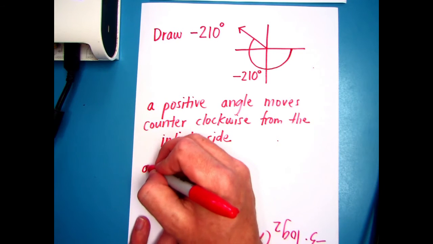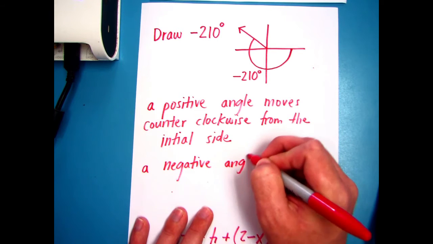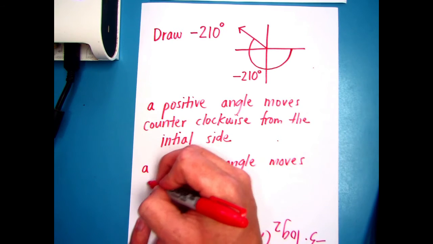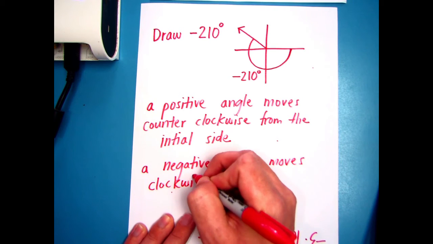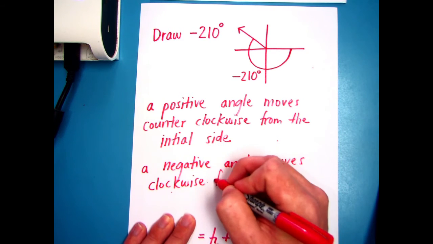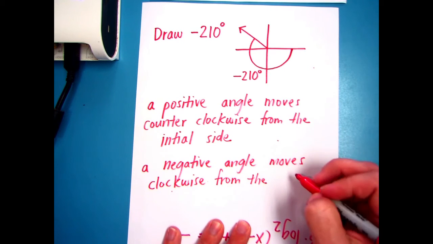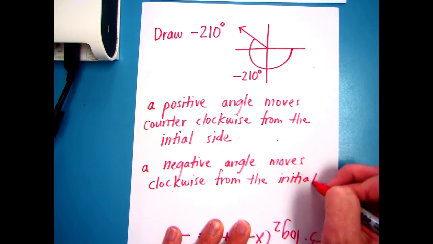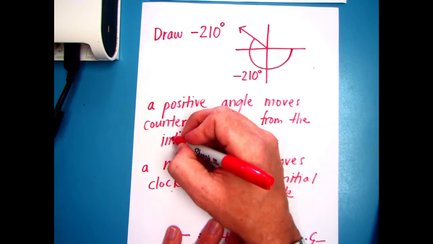Therefore, if we're trying to draw a negative angle, we're going to move clockwise, starting at the initial side. All of our angles start at that initial side. Positive angles move counterclockwise. Negative angles move clockwise.